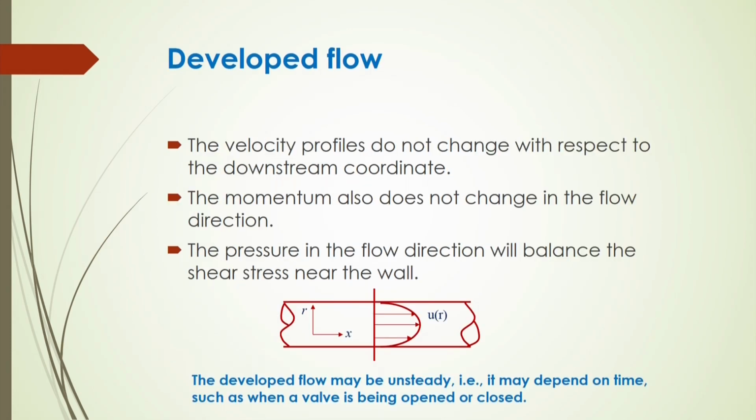What is developed flow? In this case you can get the velocity profiles, which we will discuss later also. Whenever fluid is flowing at a certain velocity, the profile may change with respect to axial position and time. If this velocity profile does not change with respect to downstream coordinates like x, y, z, then you can say it is developed flow.